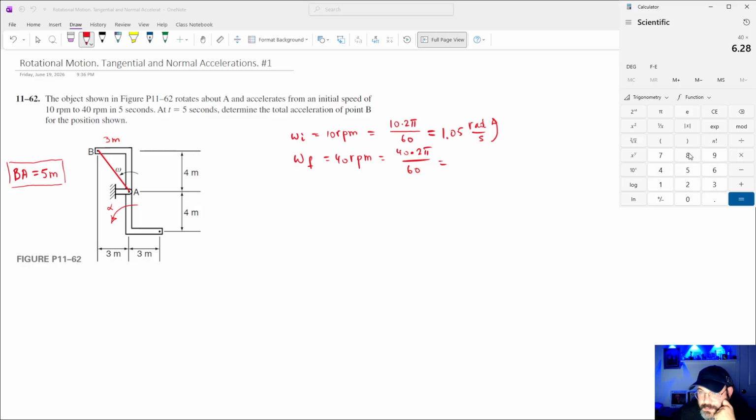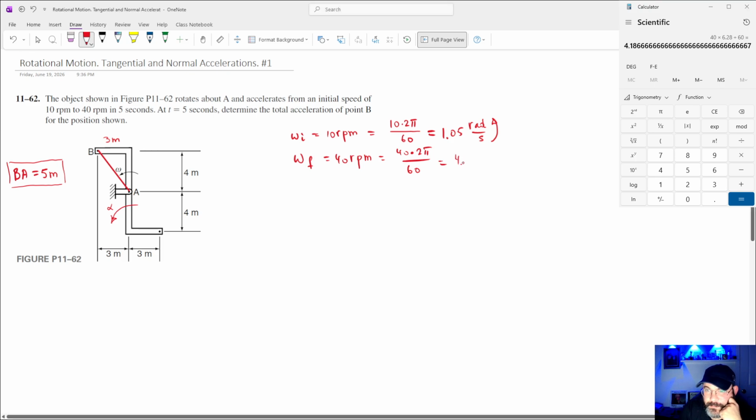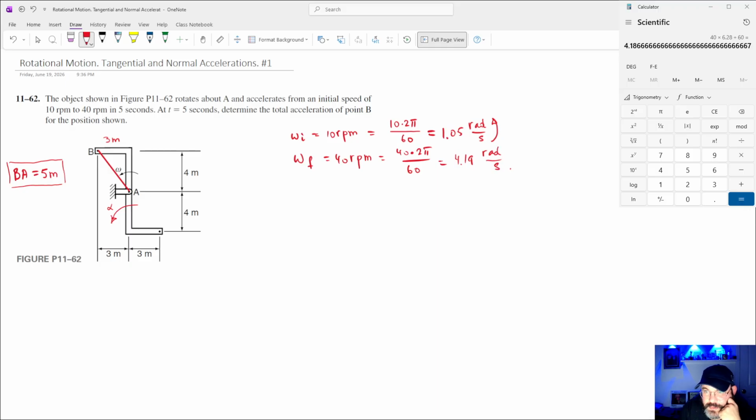So it's 4.19, right? So 4.19 radians per second also. Likewise, so then we can write that final velocity is equal to initial velocity plus, because we are accelerating, alpha multiplied by t.